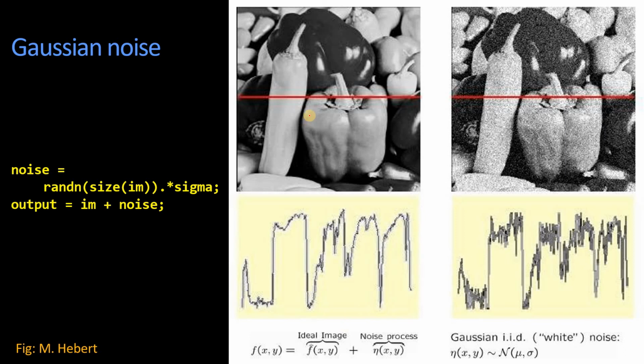So here is the Gaussian noise, another example. This is the original image, whereas in the noisy image you see there is a fluctuation in the original value. You can represent the ideal image like this, and then you can represent the noise something like this. Noise, remember, is just like any ordinary signal.